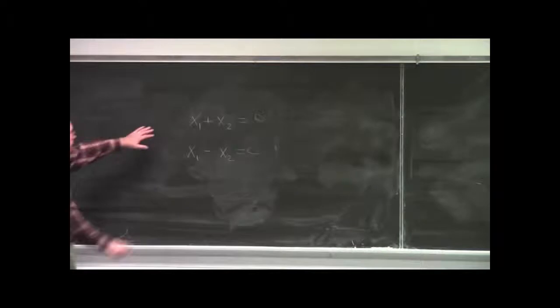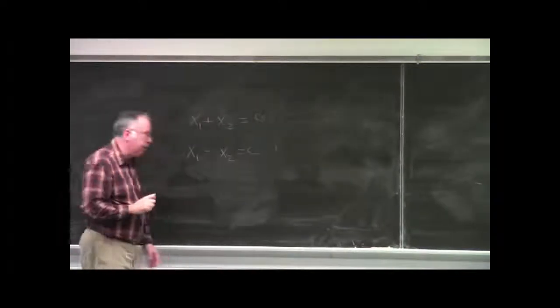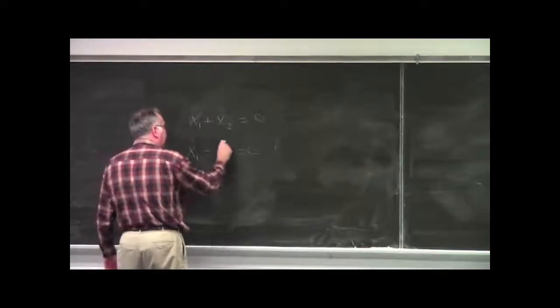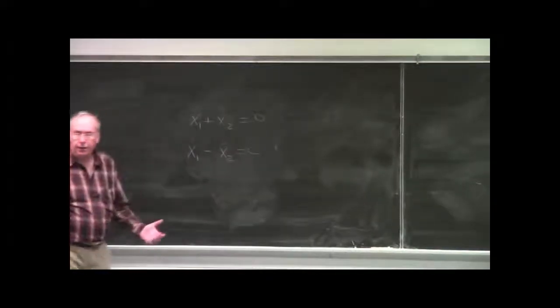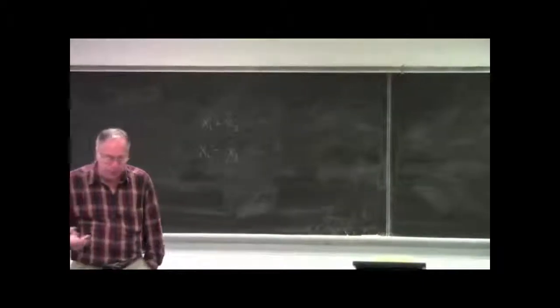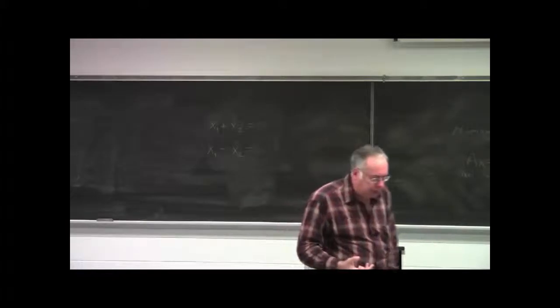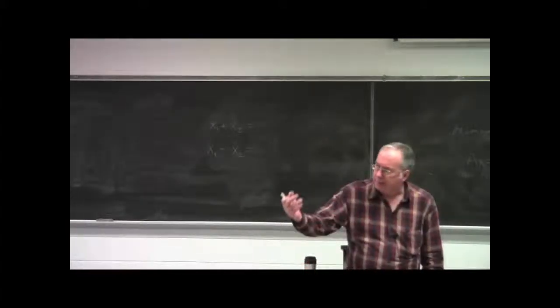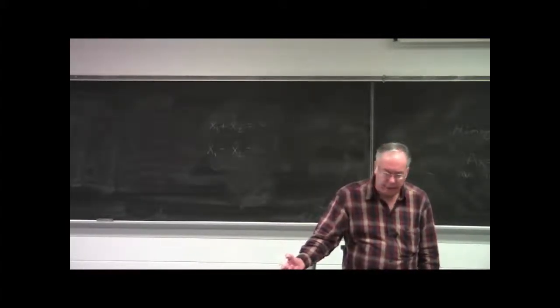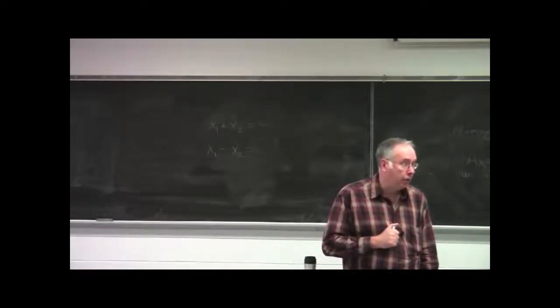Because you'll have a 0 here. 0 plus 0 equals 0, right? 0 minus 0 equals 0, right? So this is an example of a 2 by 2 homogeneous equation system. And whenever you have a homogeneous equation with all zeros on the right-hand side for your D vector, the trivial solution is always going to work.